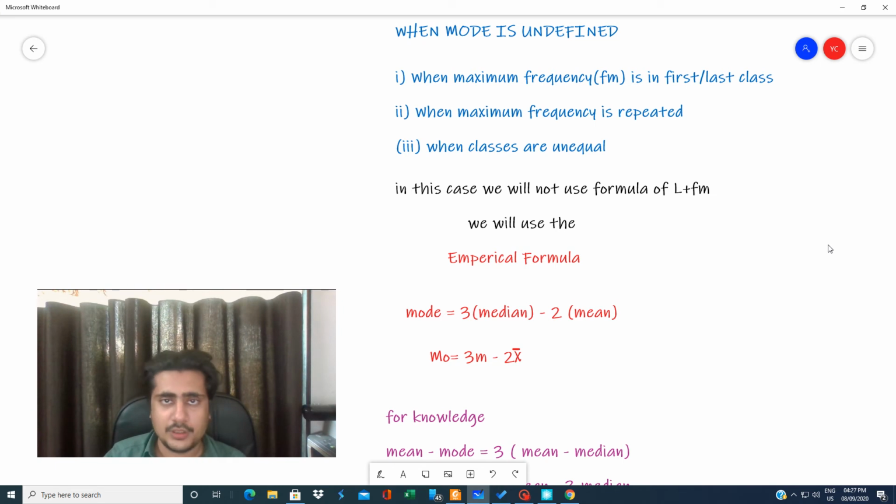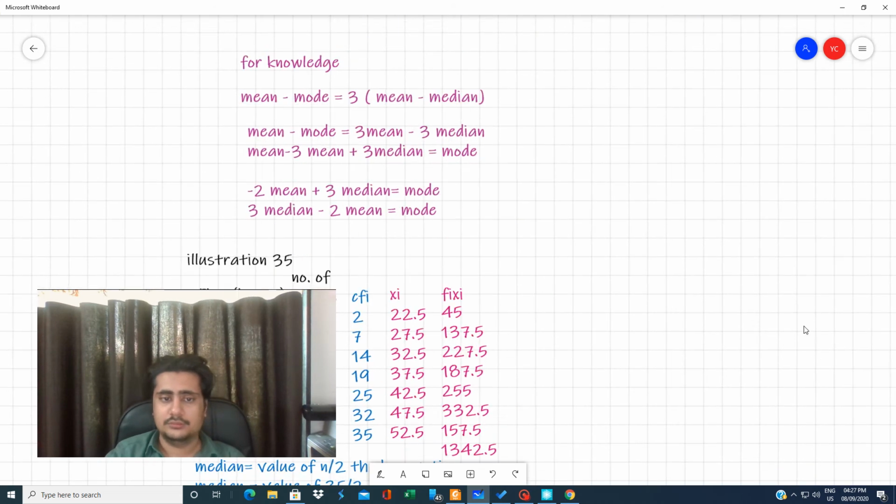If yes, then empirical formula. If no, then L plus FM formula. There is no choice in a formula. If any of these three conditions is satisfied, use the empirical formula. If not, then L plus FM formula, and that is fixed. You cannot use a formula of your choice. It is a condition based formula.